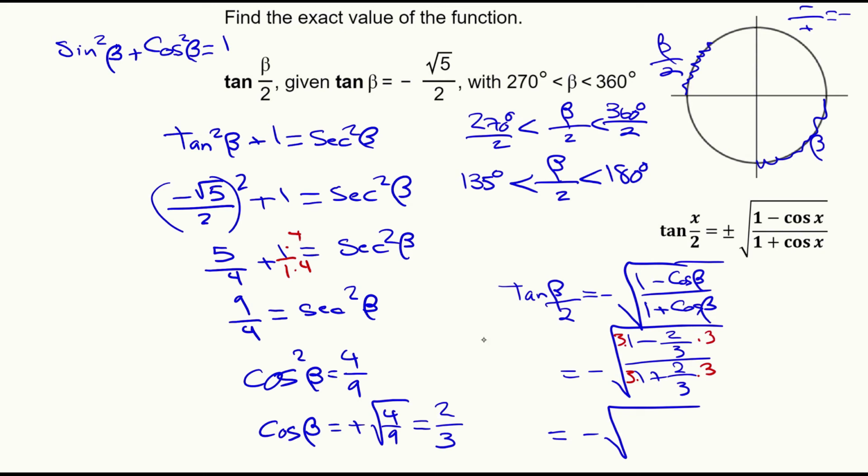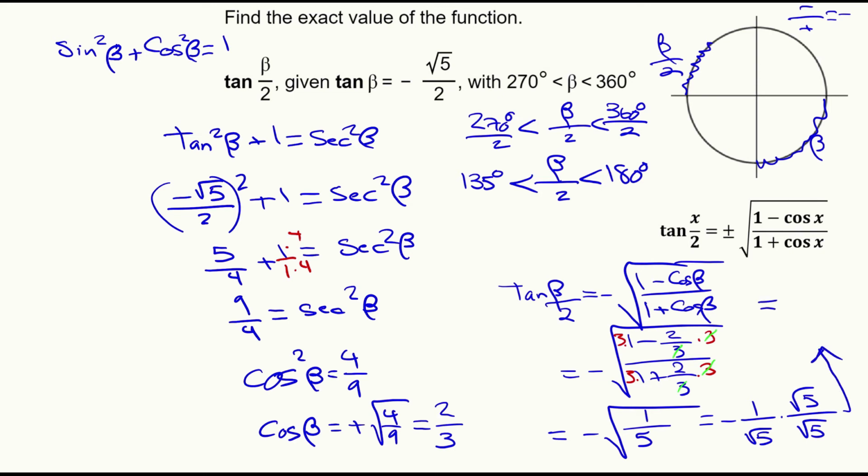So we end up with negative square root of, notice the cancellations, these two cancel out, these two cancel out, so we end up with 3 minus 2, which is 1, over 3 plus 2, which is 5. We simplify that by writing negative 1 over radical 5, and then rationalize the denominator by multiplying top and bottom by square root of 5 over square root of 5.